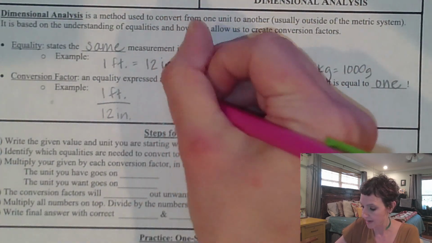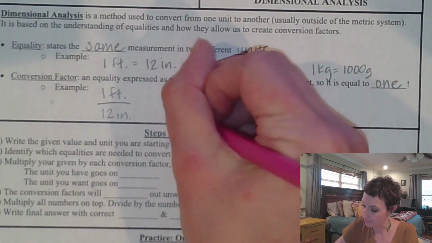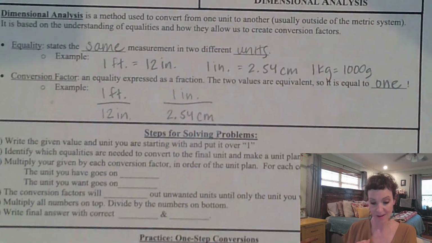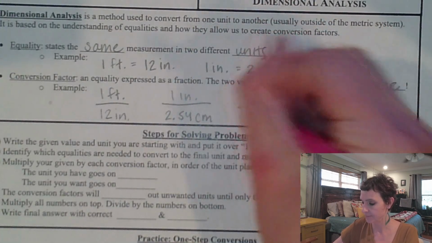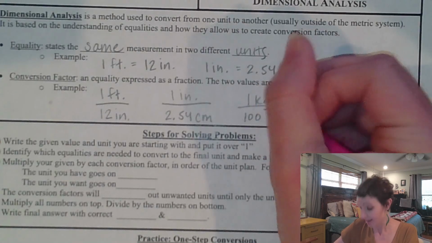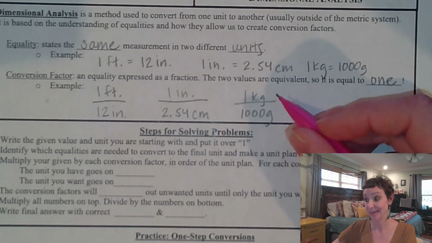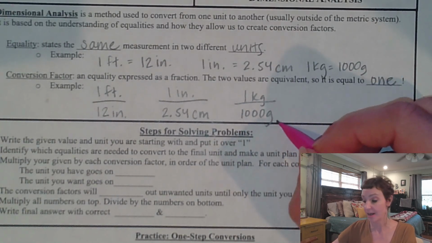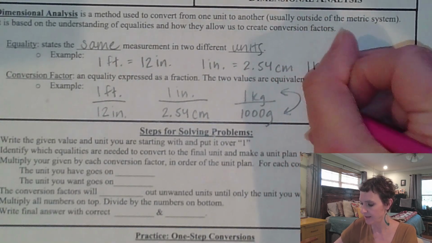I could write the 1 inch on top and then the 2.54 centimeters on the bottom, right? I could also do the 1 kilogram and the 1,000 grams on the bottom. This is just saying these two things are equal. So 1 kilogram is equal to 1,000 grams. And I said you can flip if needed.